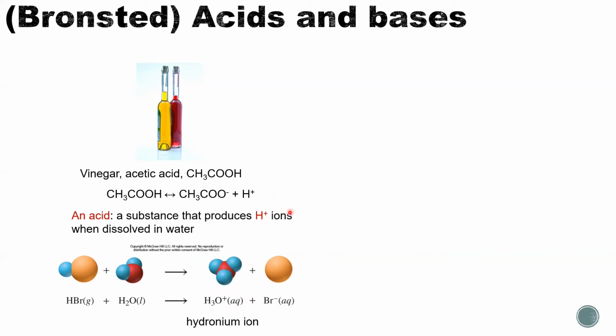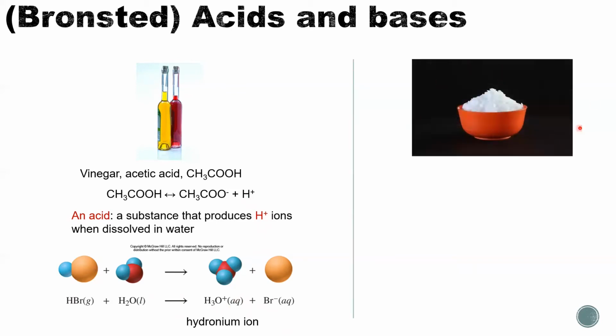All the H+ in the water exists as hydronium ion. Because the hydronium ion can be split as H2O plus H+, and that H2O can cancel out before and after the reaction, usually we simplify the hydronium ion as H+ as a product.